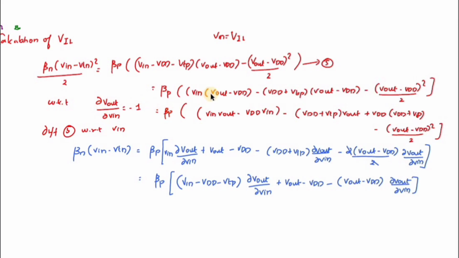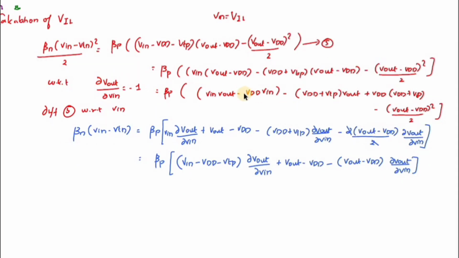And again I'm going to multiply, that is equal to beta p into V in minus V out minus VDD into V in. If I bring the V in inside, this V out and minus VDD minus VDD plus VTP into V out plus VDD into VDD plus VTP minus V out minus VDD the whole square divided by 2.